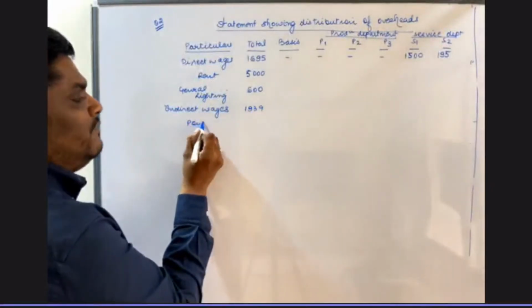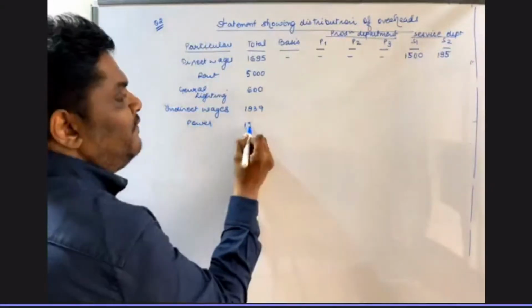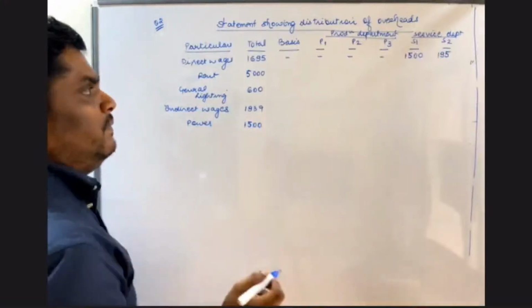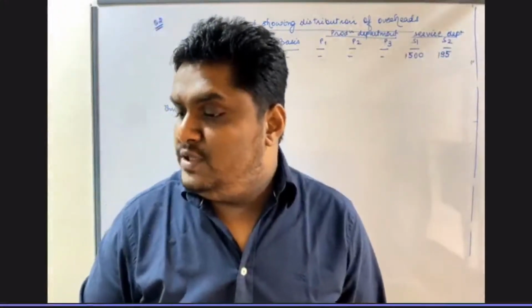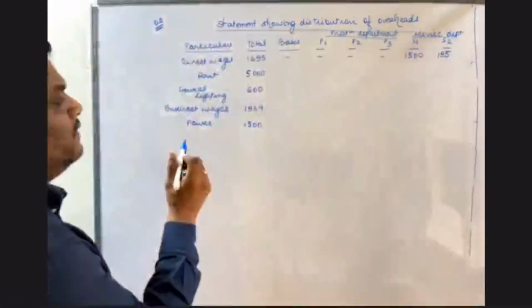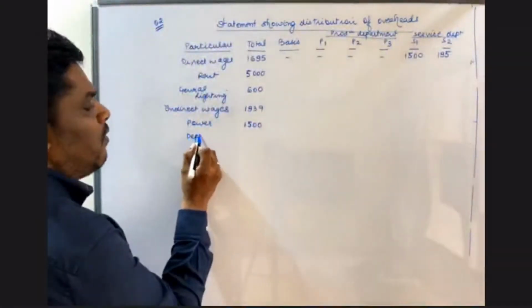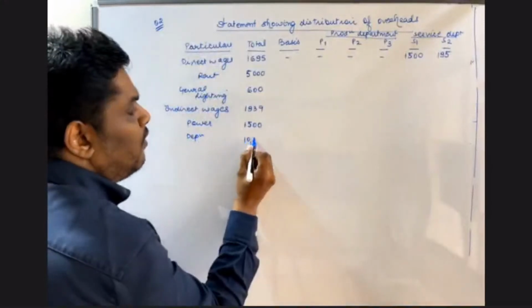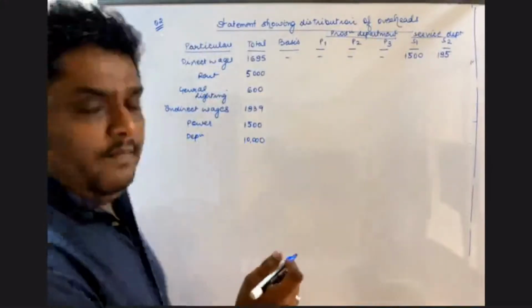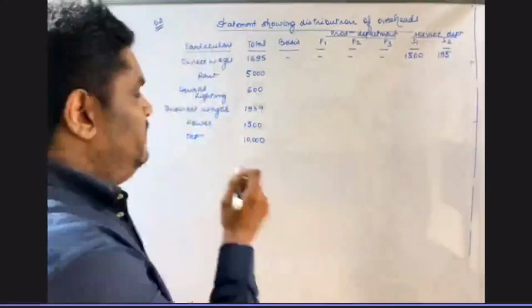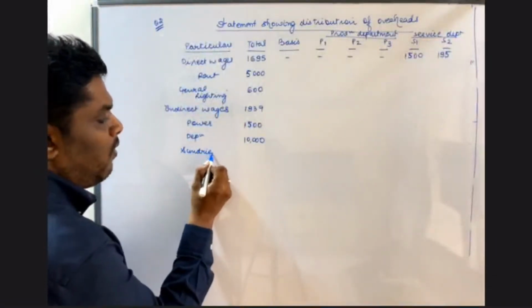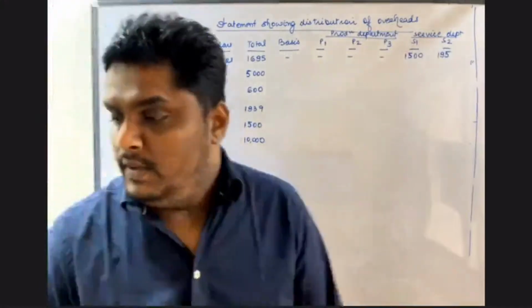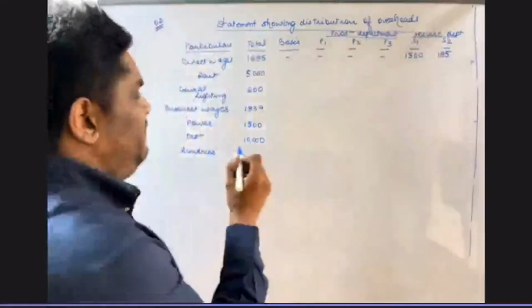Power cost is given, that is 1500. Depreciation is given on machinery, that is 10,000. And sundries are given, and that is 9695.